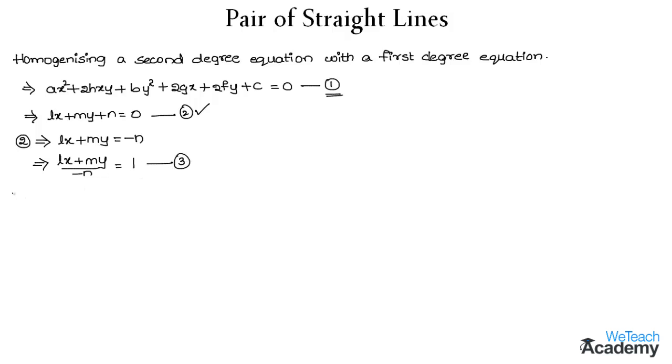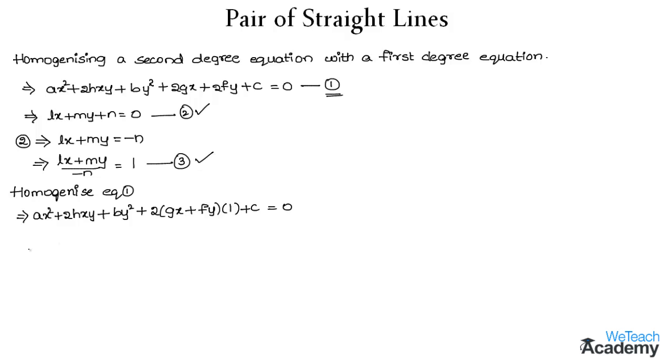Let us begin with the homogenizing of equation 1. It will become ax² + 2hxy + by² + 2(gx + fy) into 1, taking 2 as the common factor, and writing 1 over here as it is a first degree term, plus c = 0. Now let us replace the value of 1 using equation 3.